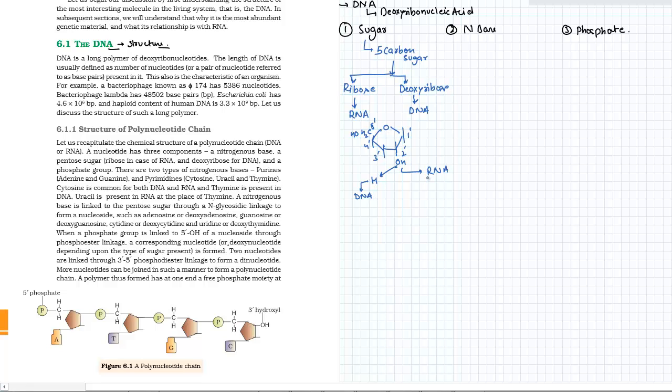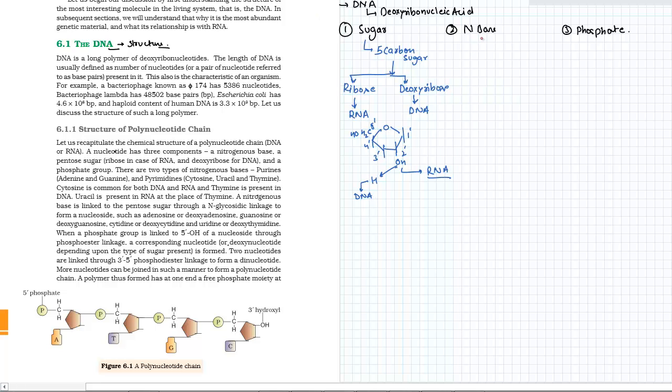If O is there, it will be RNA, and if O is not there, as the name deoxyribose itself suggests, this will become the deoxyribose sugar.